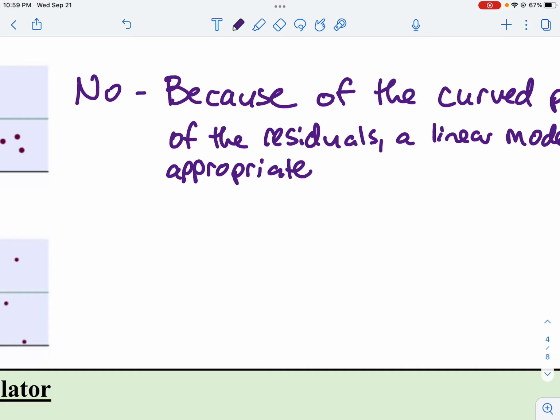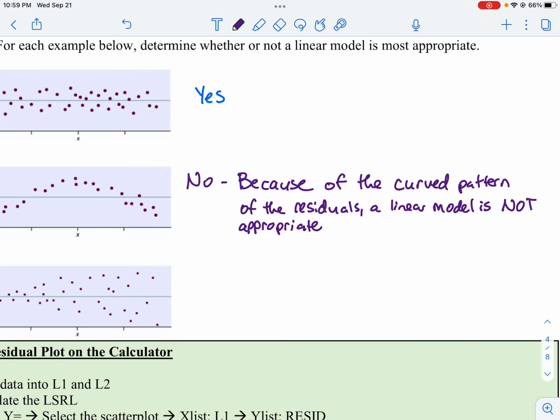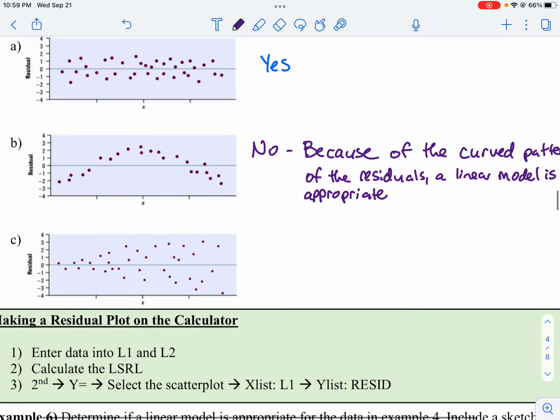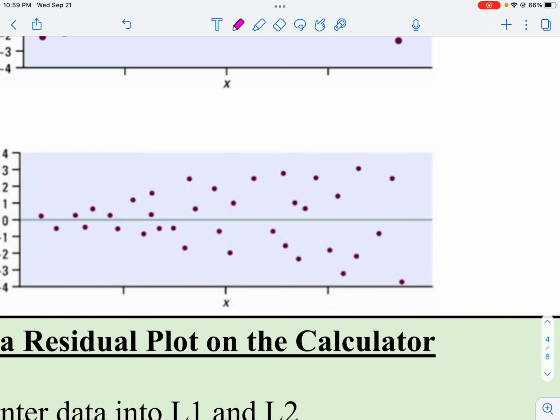Now, a residual plot doesn't tell you what type it is. It just is a yes or no for linear. Yes, this is linear. No, it's not linear. Okay, so now when we look at this one, this is one that usually students will debate on. Yes, there's a pattern. No, there's not. What we can see is that we're pretty evenly distributed.